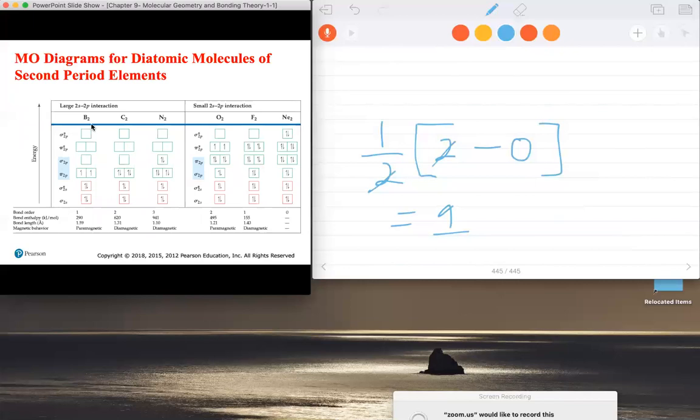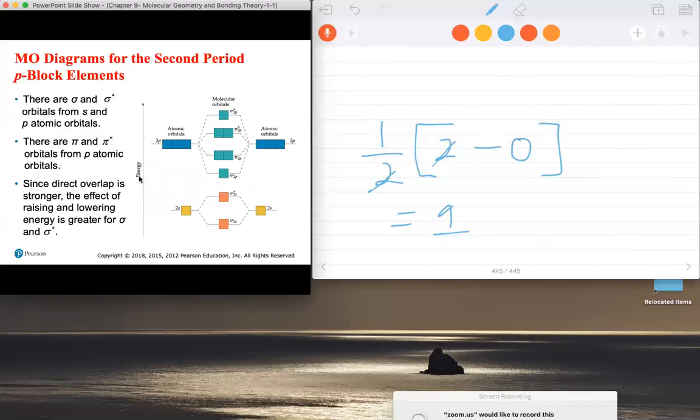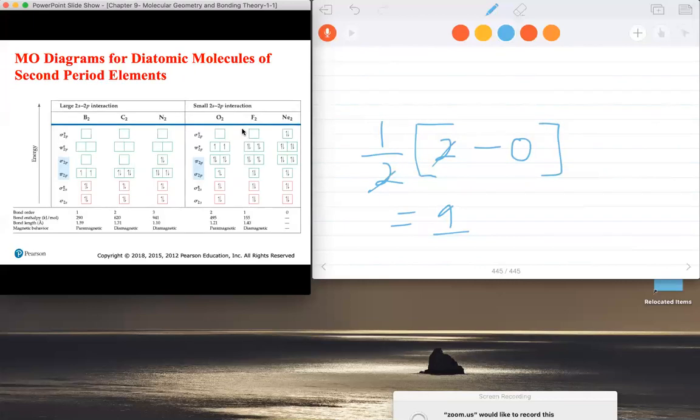This is a molecular orbital diagram. You don't see atomic orbitals on either side. What you see on the next slide is just this portion of the molecular orbital diagram.